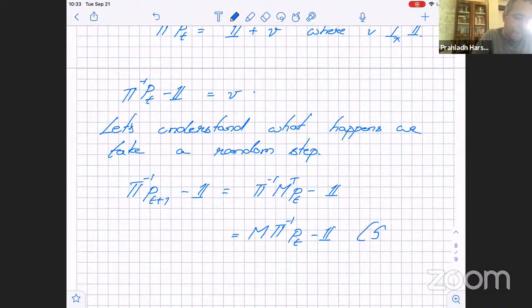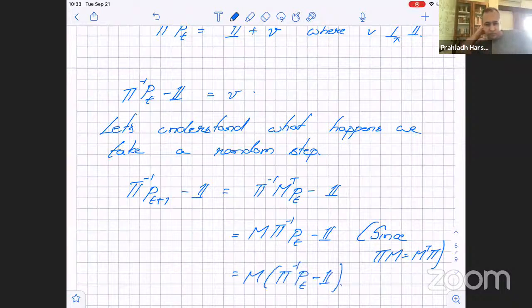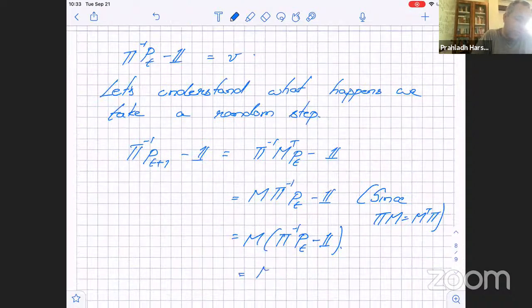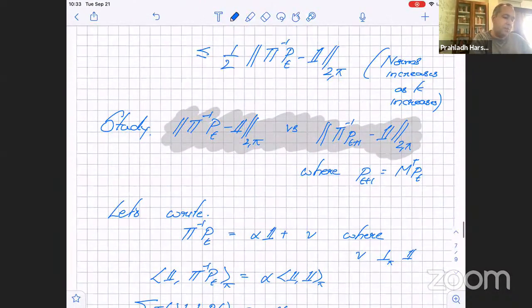Since πM is M transpose π, this is M times π⁻¹p_t minus 1, because 1 is the fixed value. What has happened now here? So this is Mv. What did we need to do? We wanted to study this object.